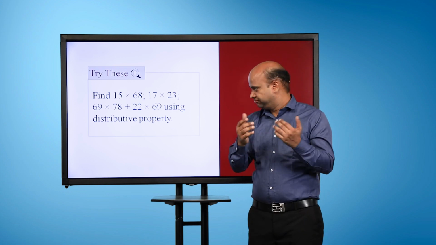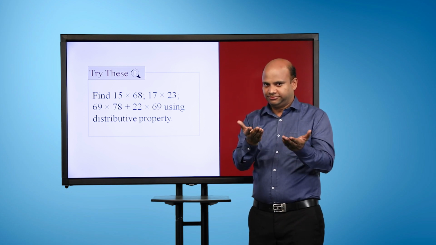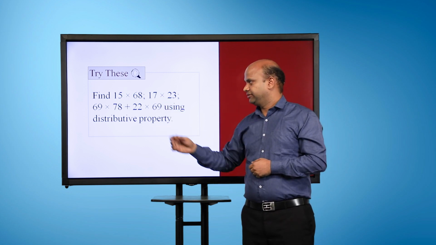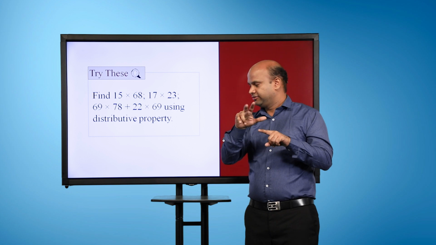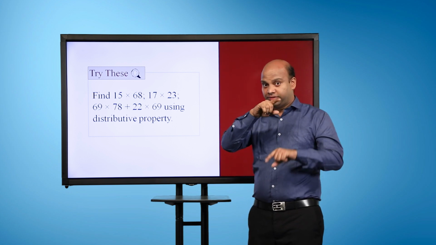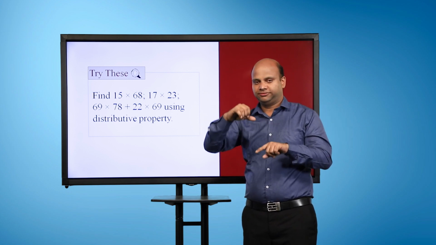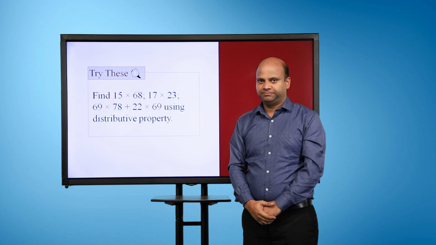Try these. Find 15 multiplied by 68, 17 multiplied by 23, 69 multiplied by 78 plus 22 multiplied by 69 using distributive property.